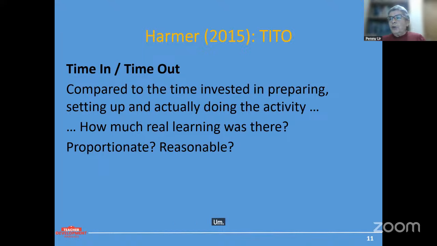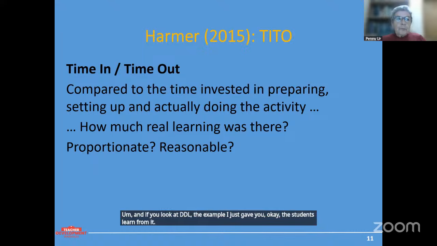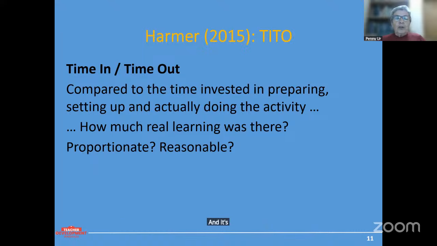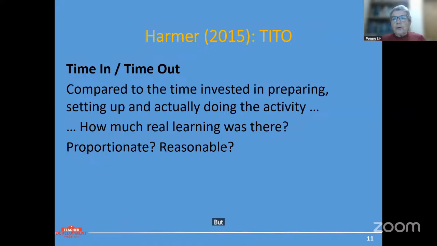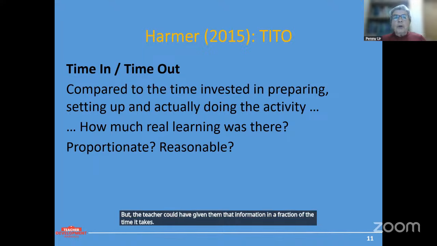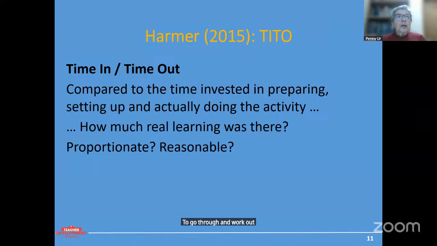If you look at DDL, the example I just gave you, the students learn from it, and it's interesting and challenging and motivating and all the rest of it. But the teacher could have given them that information in a fraction of the time it takes to go through and work out from all these occurrences in the corpus. Is it worth the extra investment of time in terms of the learning which comes out of it?